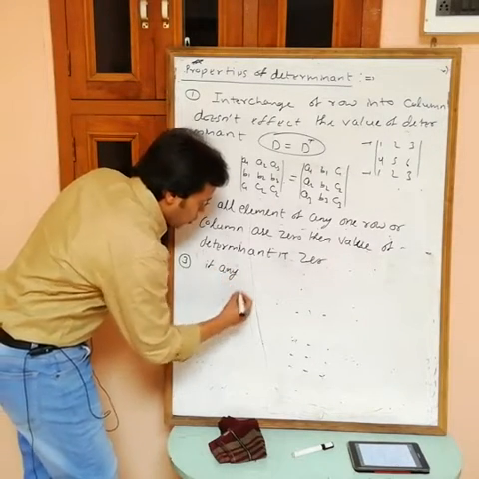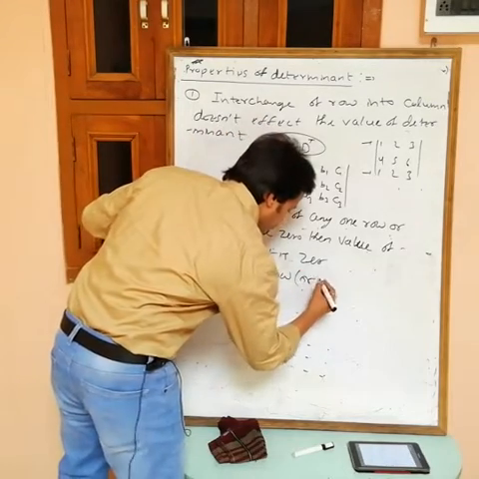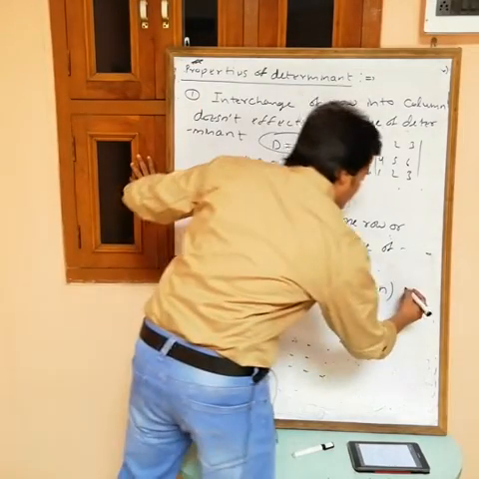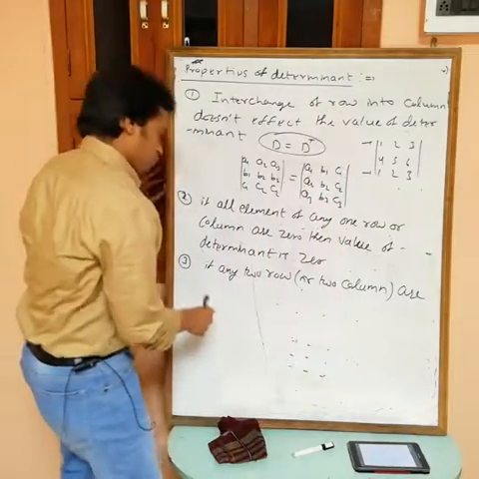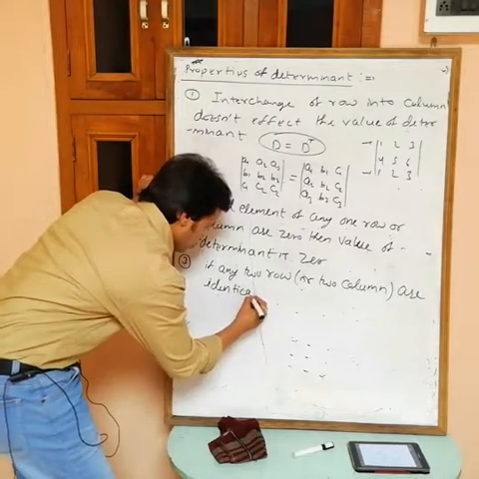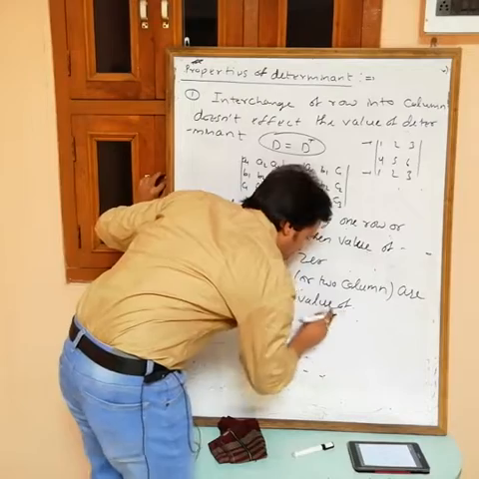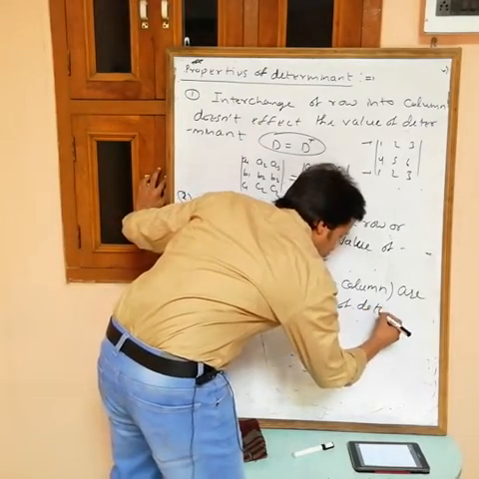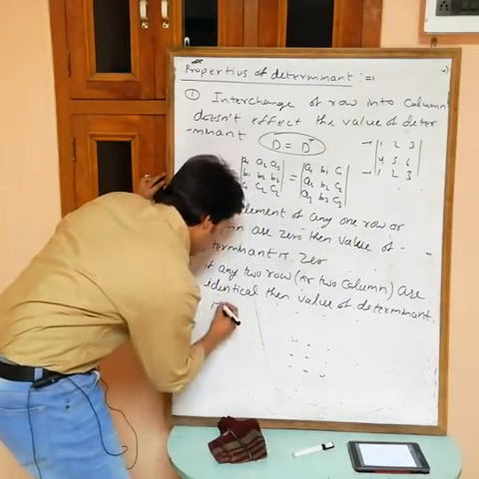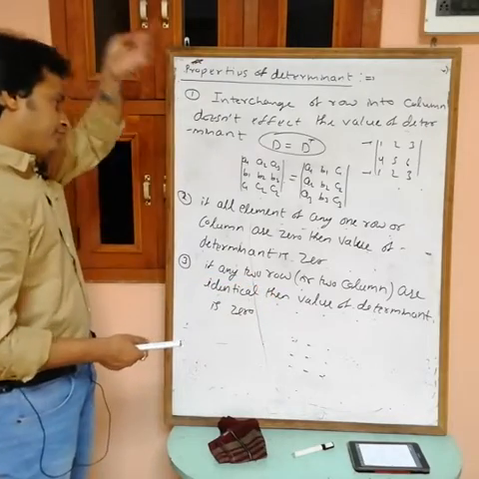If any two rows or two columns are identical, then the value of the determinant is 0. Easy, right?